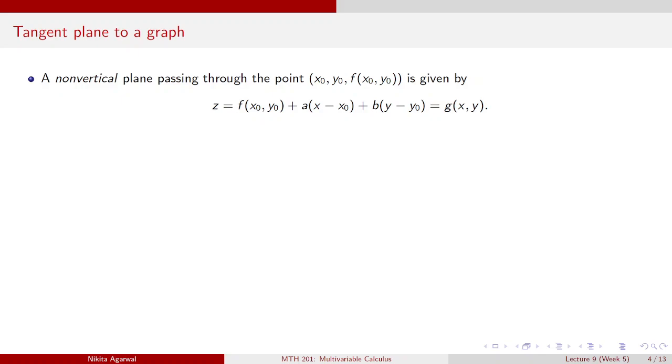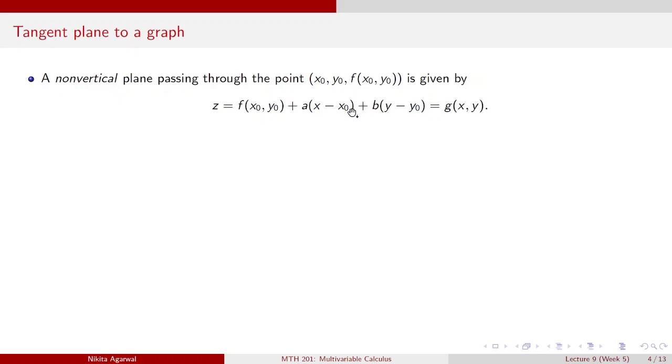So the general equation of a plane which passes through such a point is a times x minus x naught plus b times y minus y naught plus c times z minus f of x naught, y naught. Now the c coordinate is the component of the normal vector in the z direction, right?